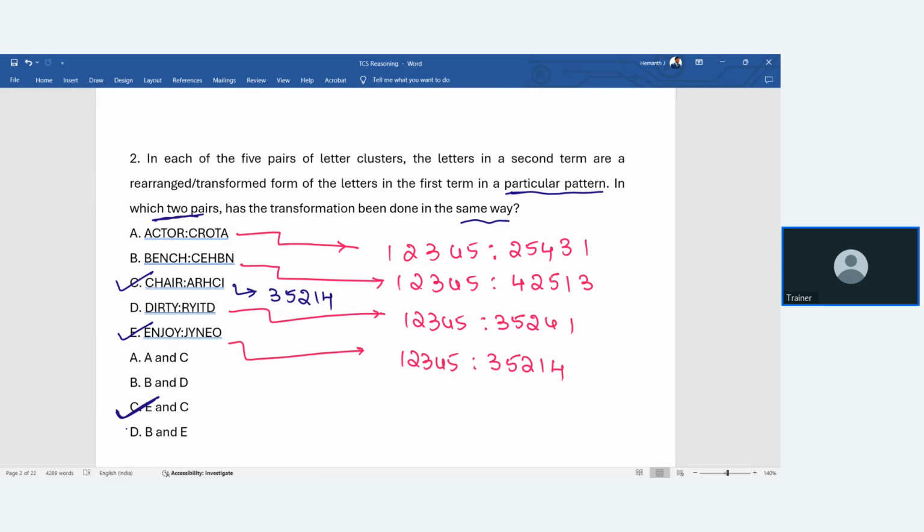I am simply writing the 1, 2, 3, 4, 5 logic, I'm not doing much. I'm writing 1, 2, 3, 4, 5 on the right side with respect to the letters' positions. So see that. Next one. Hope you understand this. E and C is your answer.